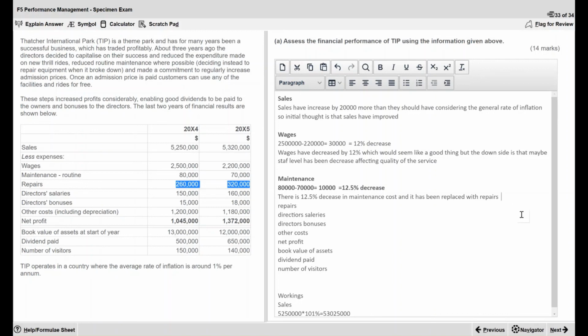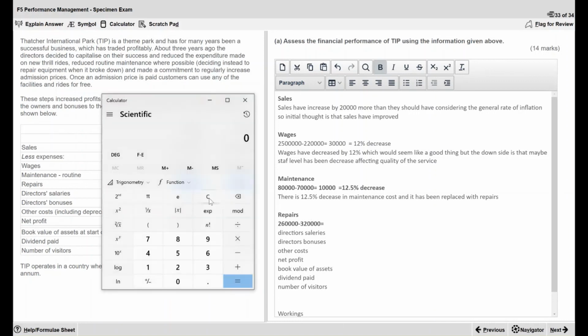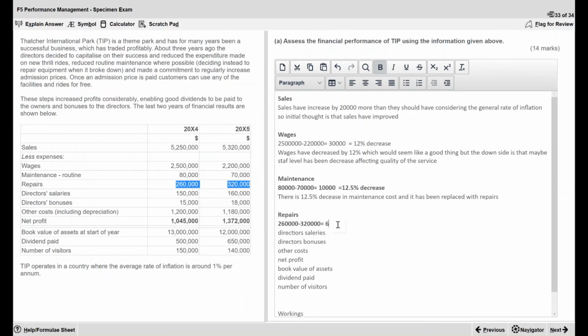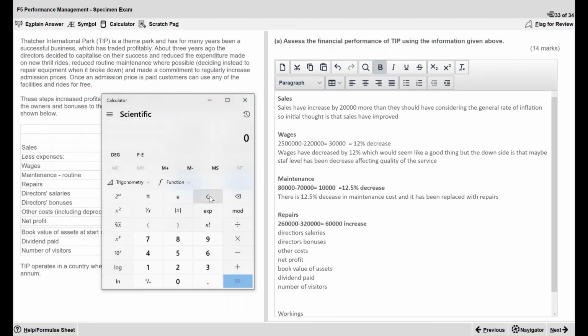If we look at this one, repairs, then maybe we can comment on it better. So let's look at this one as well. $320,000 minus $260,000. We have a $60,000 increase, which is 60,000 divided by 260,000, about 23%.